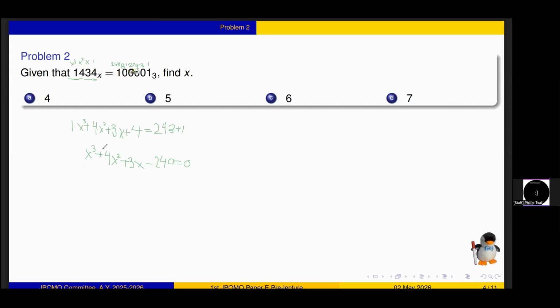Since all these terms must be positive because x is positive, as it's the base of a number, we must have x cubed less than this number, 240. So x must be at most 6. Sorry.